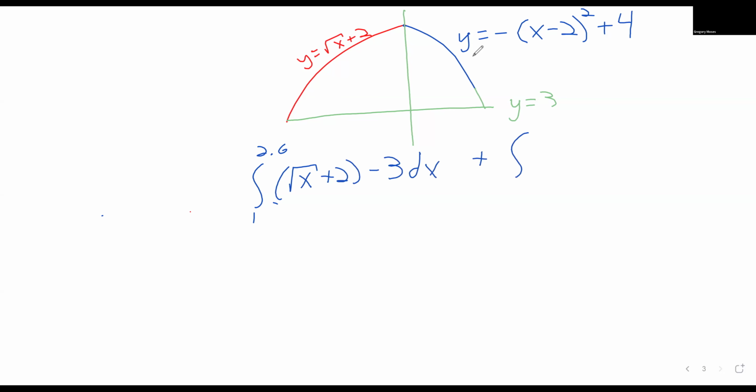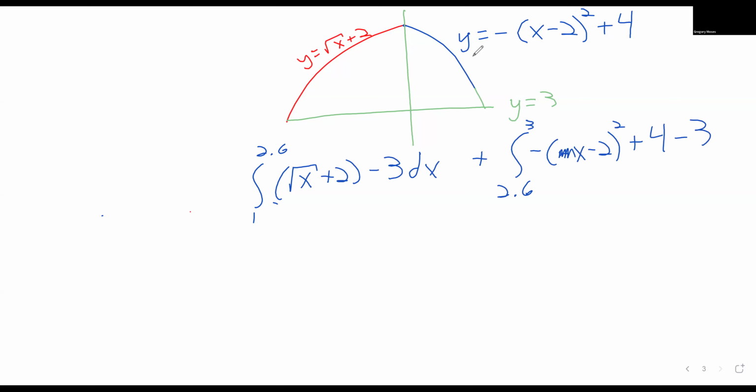And then from about 2.6 to 3, the upper curve is now the quadratic, and the lower curve is still 3, and we could approach it that way.